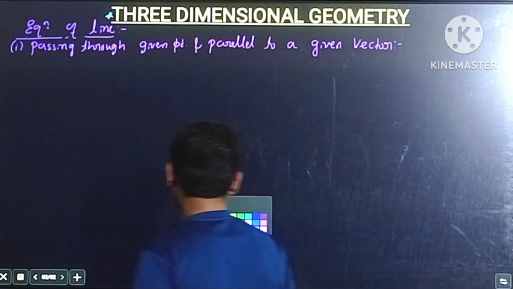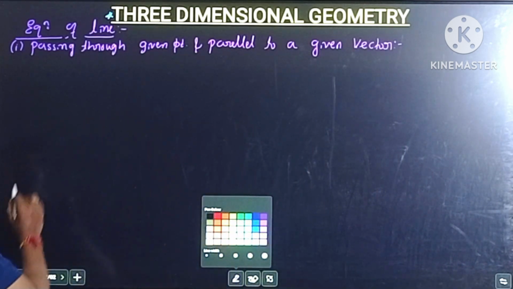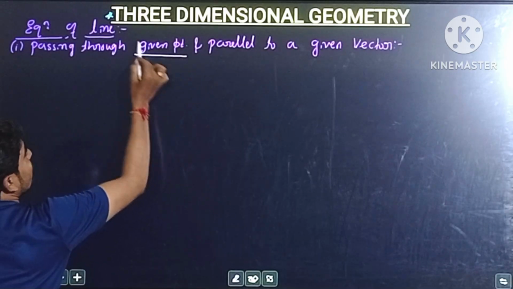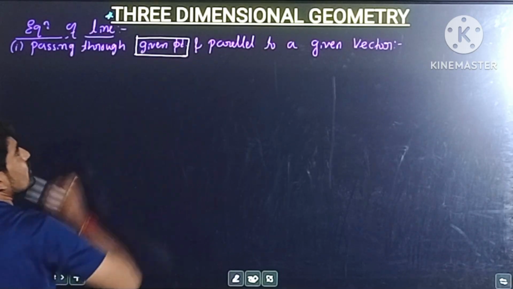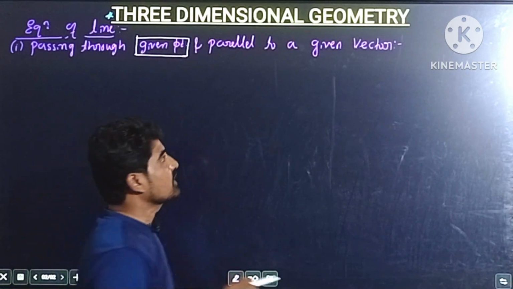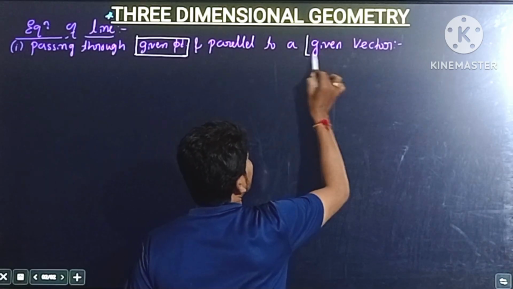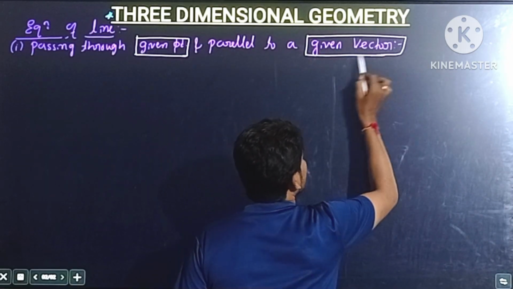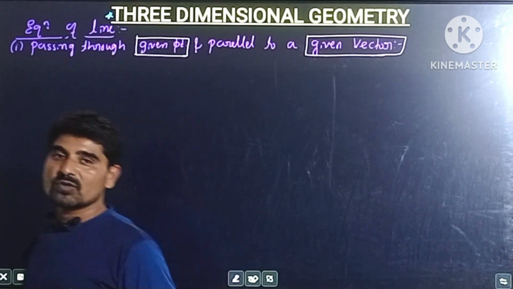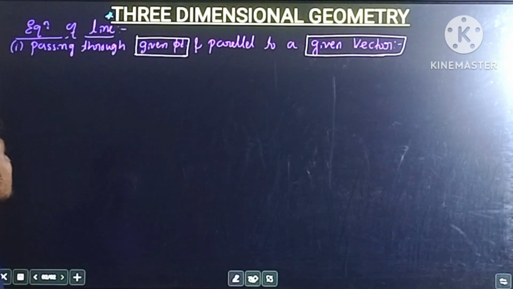See here, the required line passes through a given point, and is parallel to the given vector. It means he has given one parallel vector to the required line.